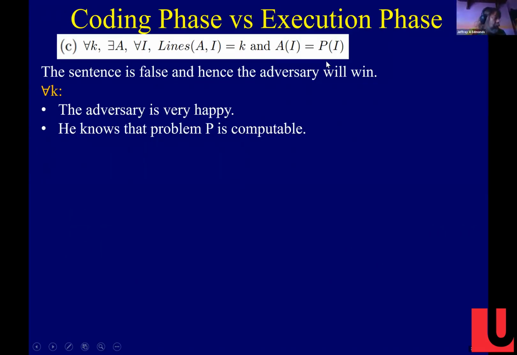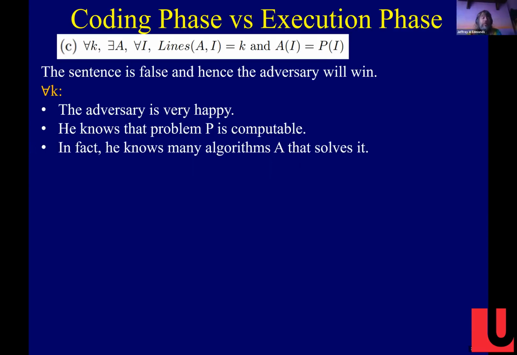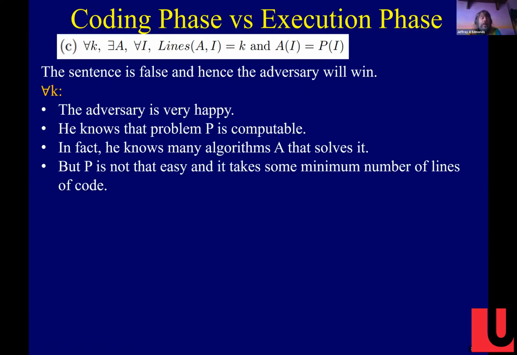Maybe it's sorting, maybe it's squaring. It's a good problem that's computable. And in fact, he knows many algorithms that can compute it. If P is sorting, he knows that quicksort can sort it, and merge sort can sort it.